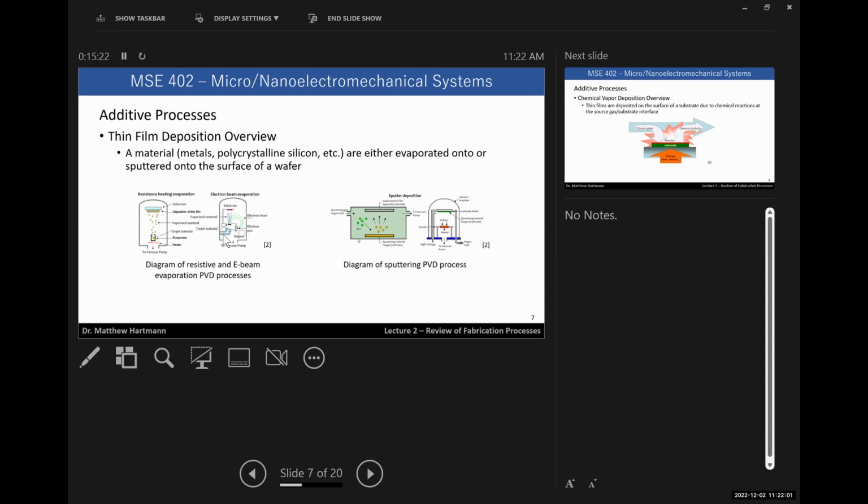You literally heat the material that you're trying to deposit onto your wafer surface up so hot that it goes from a solid or liquid state into a gaseous state, and then it literally condensates on your substrate, leaving behind layers of the material. You can do that through resistive heating, which is shown over here on the left, or e-beam heating, where you're effectively causing friction by firing electrons at your target so much that it causes it to heat up and evaporate, okay?